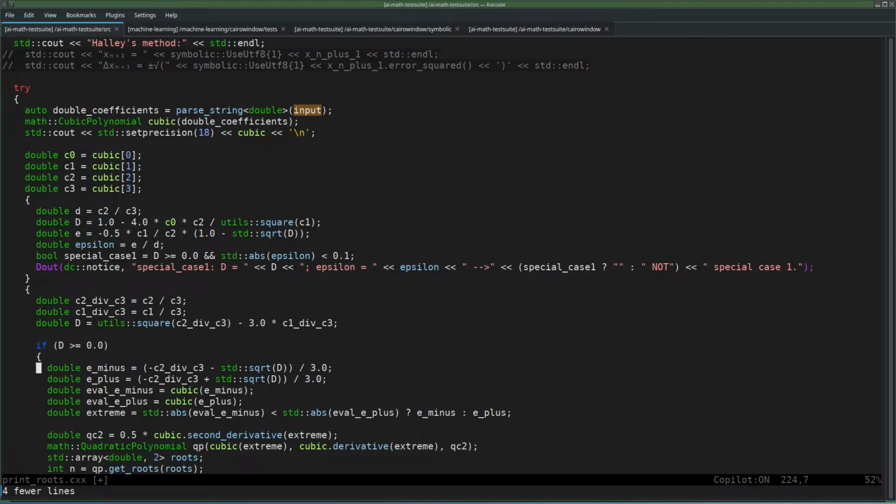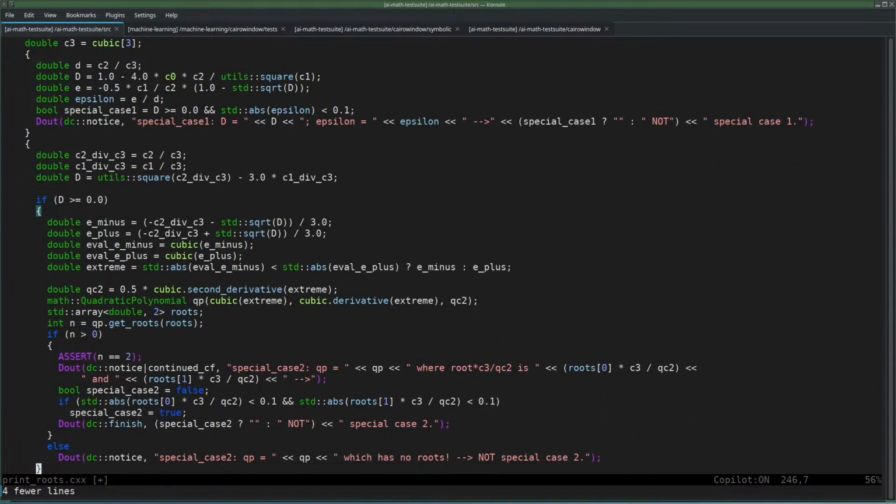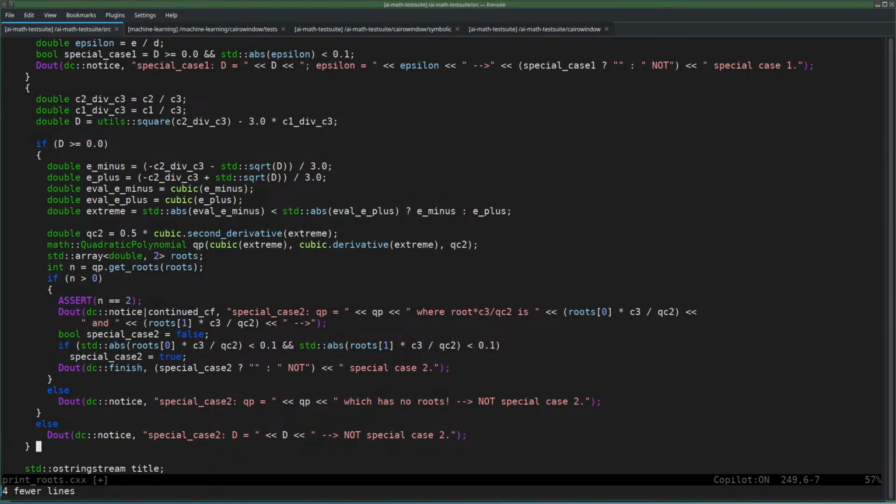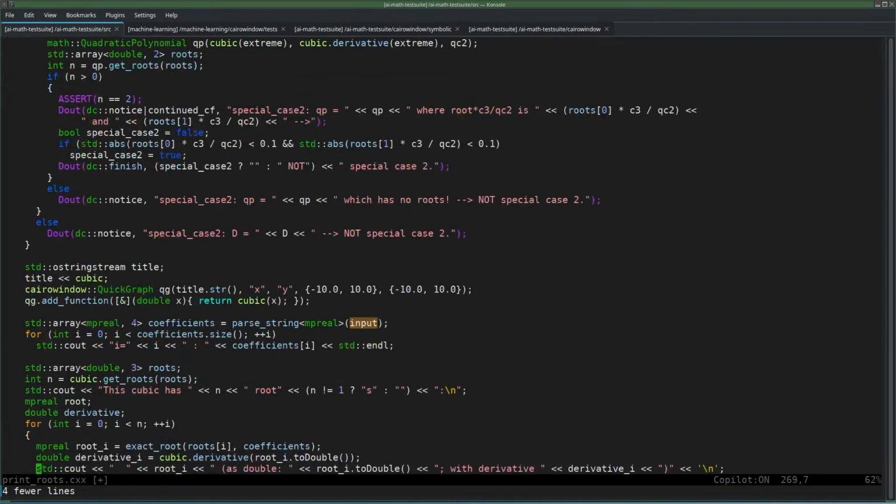And then we do something if D is greater or equal to 0, otherwise we don't do that, or special case. Title, generate a quick graph, add function. Okay, it prints a function here.